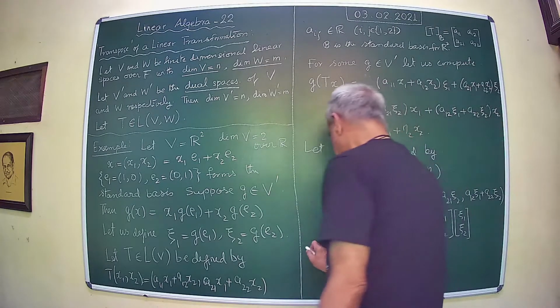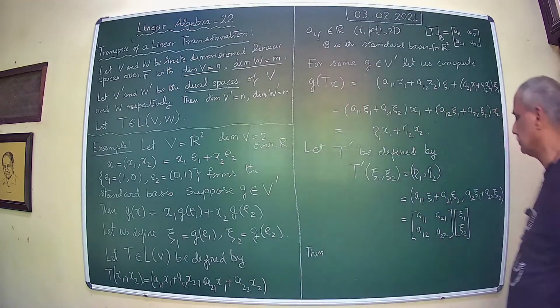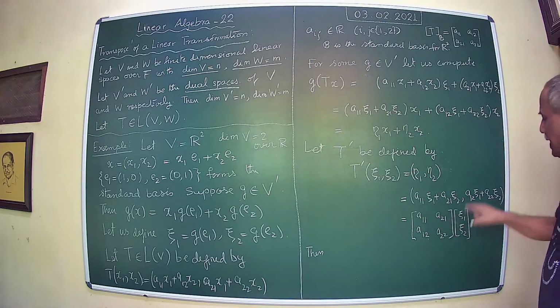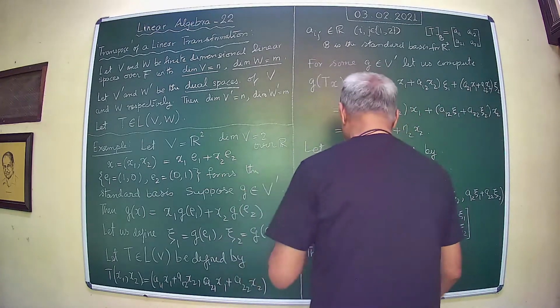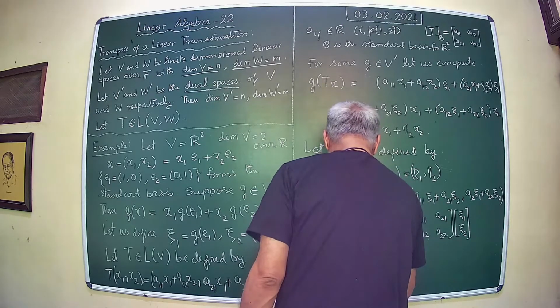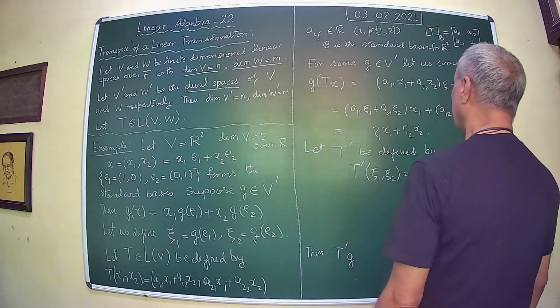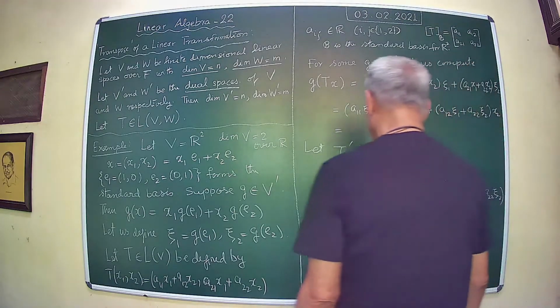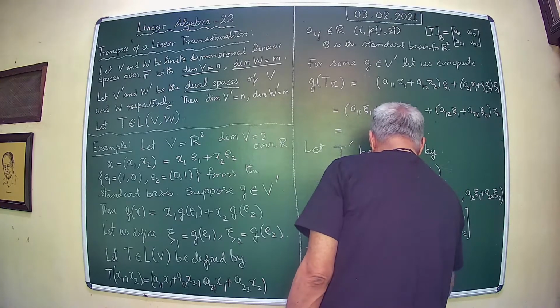Then what you observe, this is an element of V prime, T prime of G. It is the G that we have started with, and it is now defined.